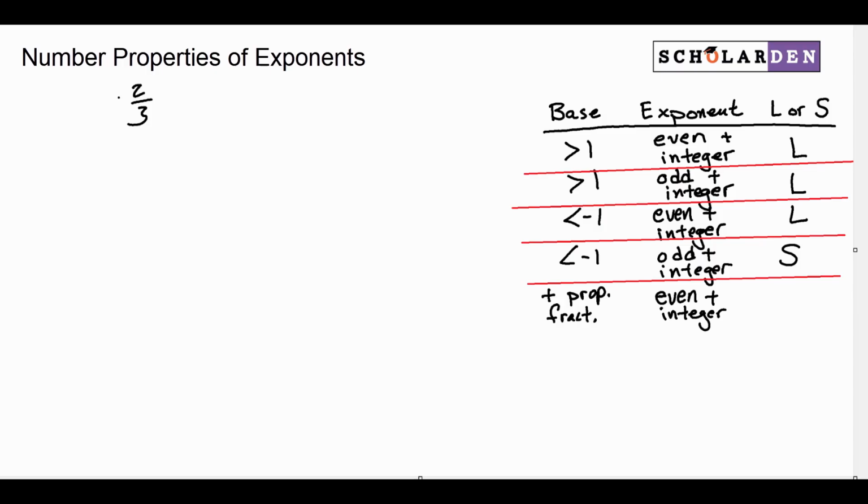So let's take a simpler one. Let's take 1/3 and raise it to a positive even integer like 2. Well, 1/3 squared is actually 1/9. So when you square 1/3, the number goes down. It gets smaller. So you're starting to see that numbers don't always get bigger when you apply exponents to them.